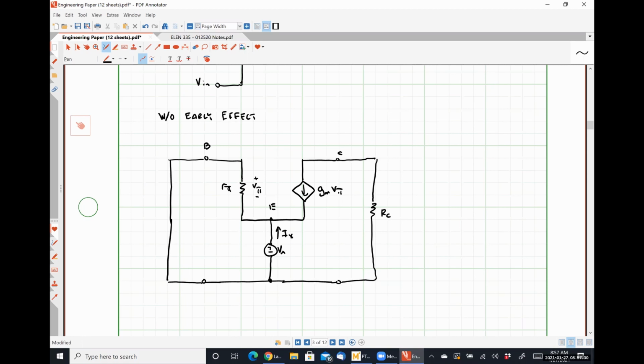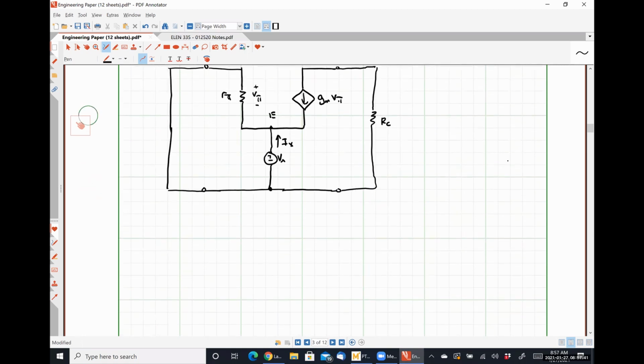All right. So I'm going to redraw this guy a little bit to kind of help me see what's what here. So here's my emitter.